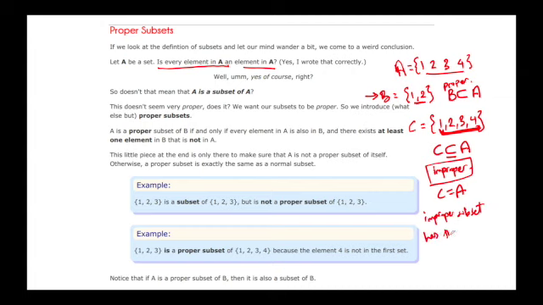An improper subset has the same number of elements. So does everybody understand the difference between a proper subset and an improper subset? Everybody cool? Soraya, you okay?